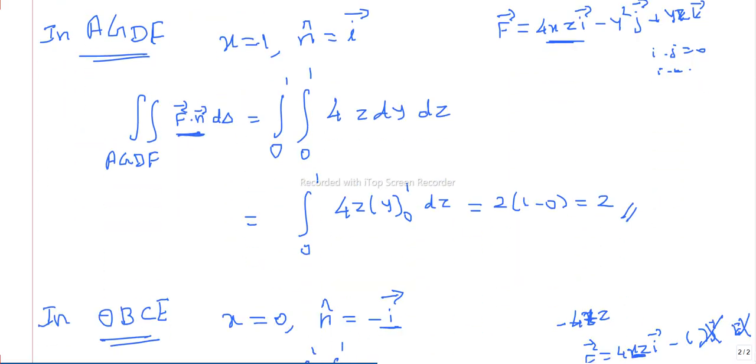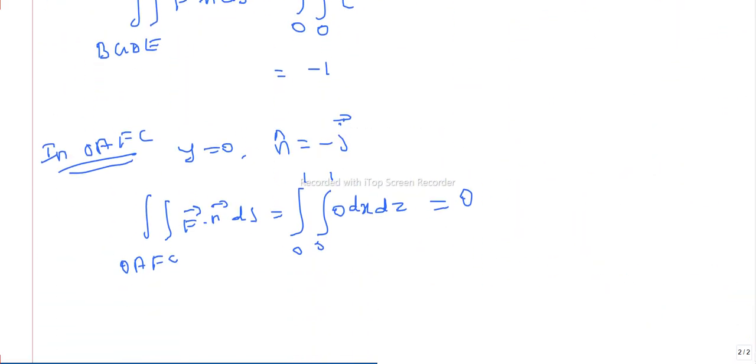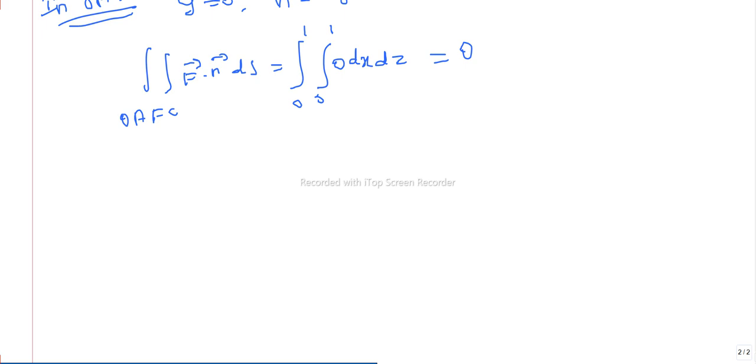Similarly, if you take the bottom, z equals 0. So first you take the upward direction, in D E C F, the upper side. In this case z is 1, and the direction should be the z direction, that is the k vector.